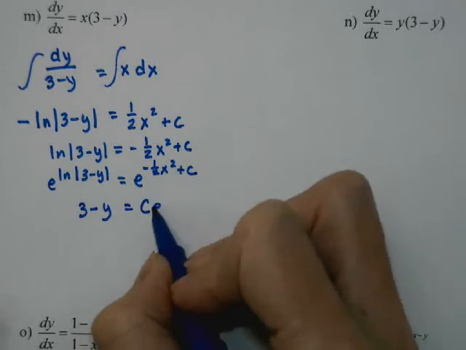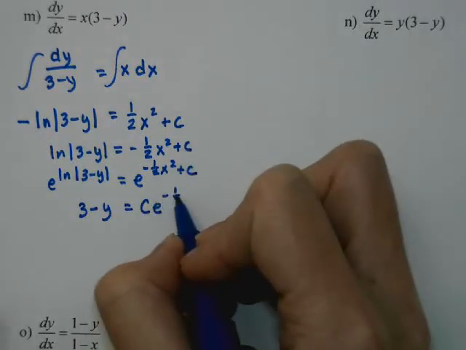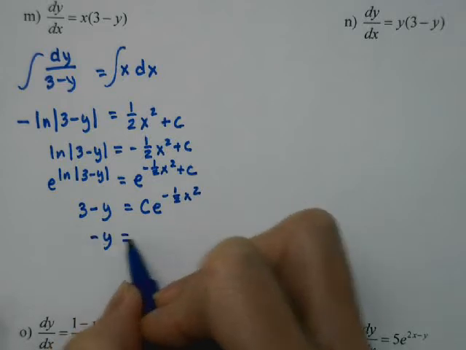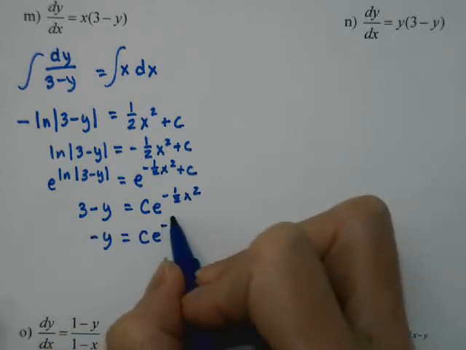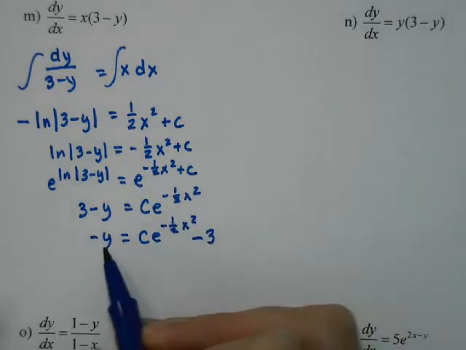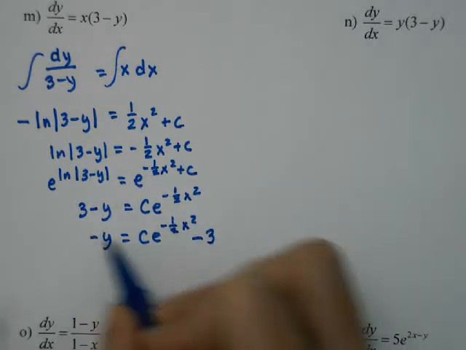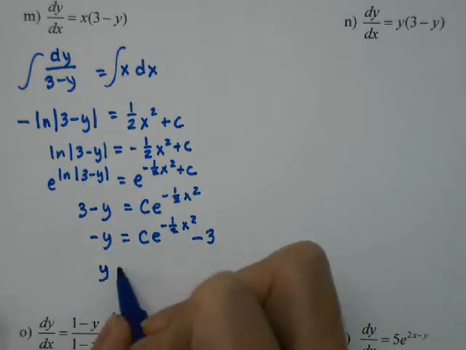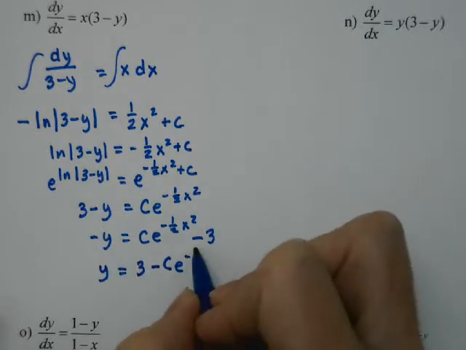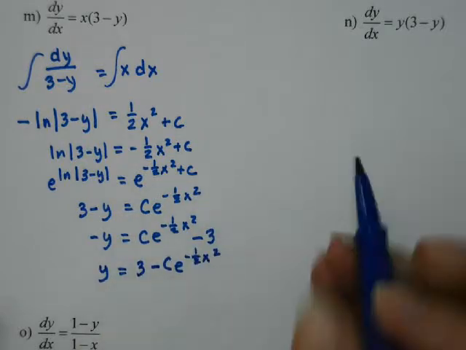This side is going to be c e to the negative 1/2 x squared. We'll subtract 3. And then multiply by a negative 1. So if negative y equals this, then y is going to be 3 minus c e to the 1/2 x squared.